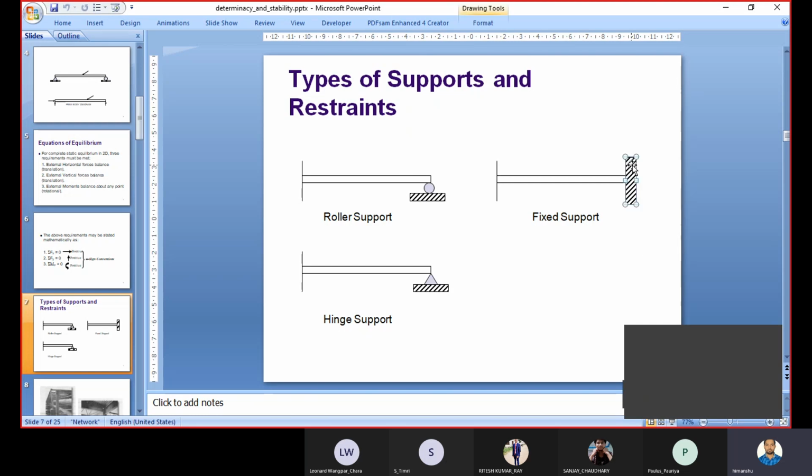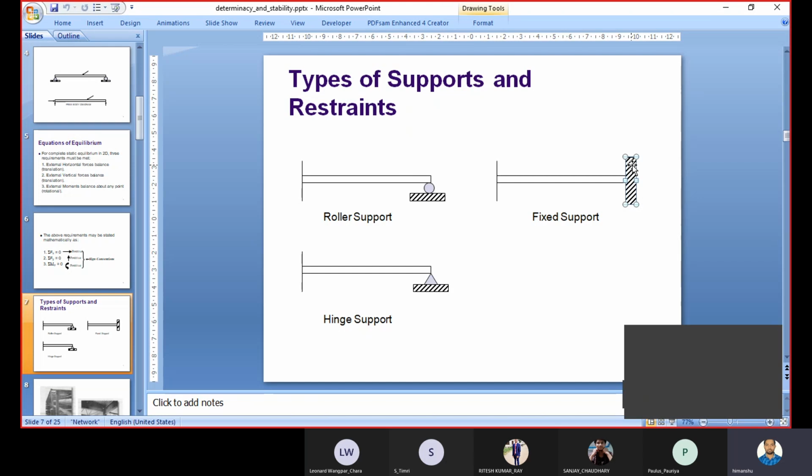But when we talk about your fixed support, as the name suggests, it is restrained in all three directions, whether it is x, y, or z. Whether it is displacement or rotation, everything is restrained in the case of fixed support.